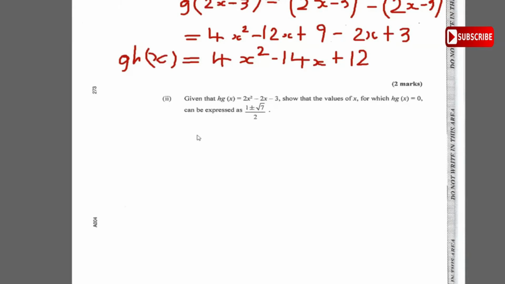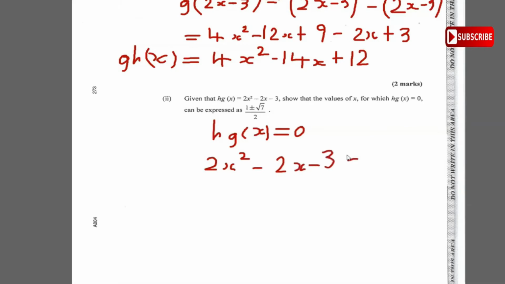So what that means is, to solve hg of x equal to 0, this is what we're going to do. Solving hg of x equals 0, we're solving 2x squared minus 2x minus 3 equal to 0. So this is what we're solving. 2x squared minus 2x minus 3 is equal to 0.